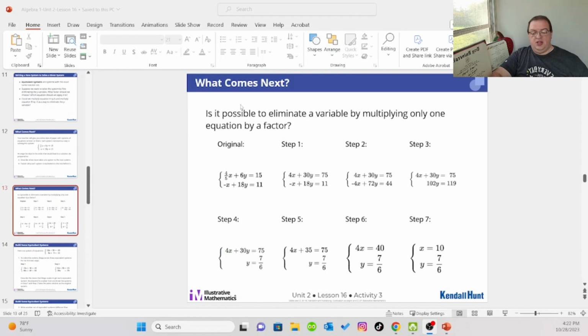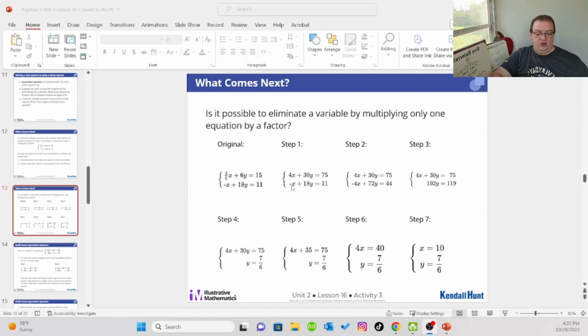So, the cards that I gave you would go in this order. Now we can look and see what happened in each one that led to the next step. So I can see that we went from 4/5 x to 4x. That means we multiplied everything in this top equation by 5 to get to the next one.